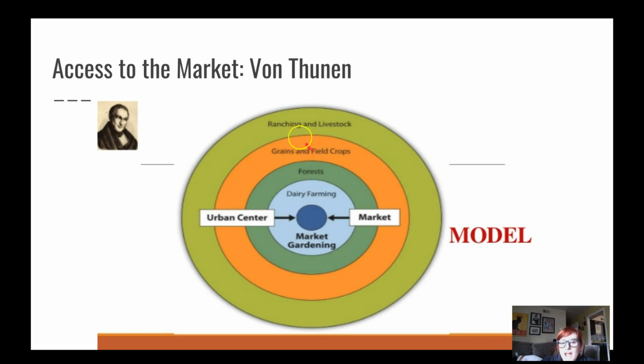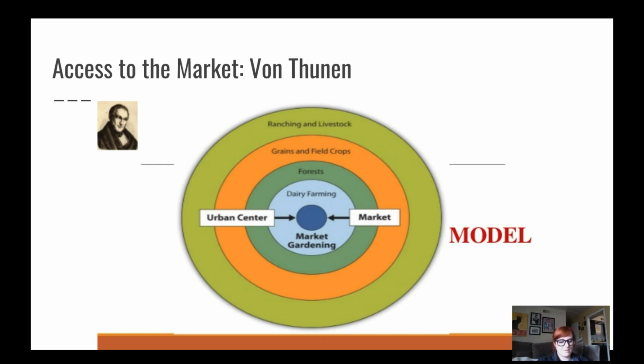So you couldn't have a livestock ranch in downtown Sparks because there's no room for that, right? So it's got to be further away from the market in order to have the space to do so. In addition, people don't like to live right next to a ranch for the most part because it doesn't smell very good. So most people are going to live in the urban center, and further out, you're going to have those things that people don't want to live next to.